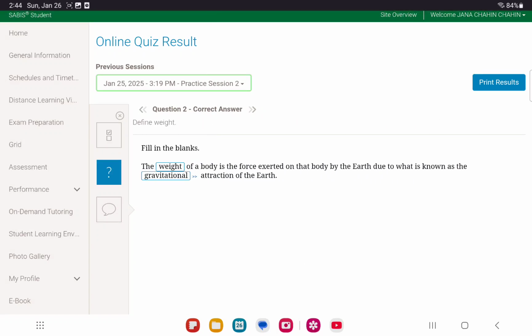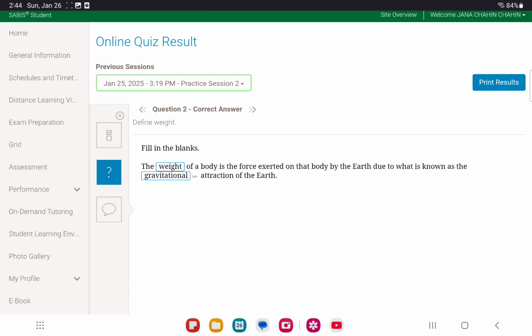Okay, like I said, when we see on body by earth, or by earth, it's always weight, okay? And it is known as the gravitational attraction of earth. Earth is pulling a body down by gravity, which is weight.